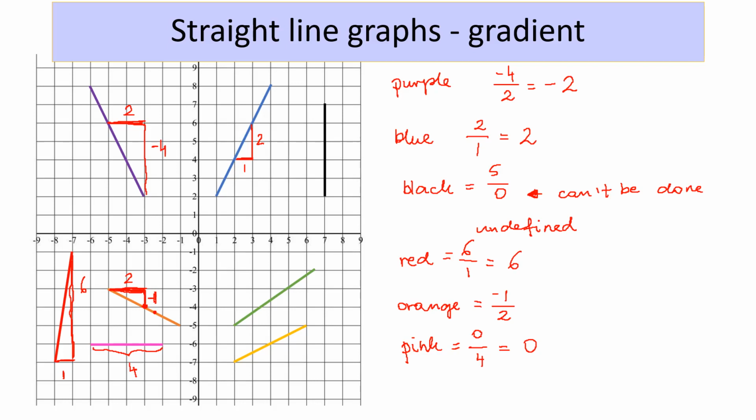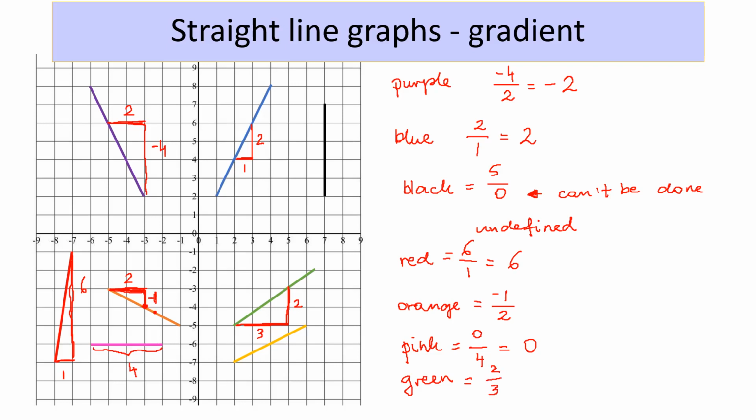For the green line, I'm going to go 3 across and then 2 up. So the change in y is 2 and then change in x is 3. So that's the gradient.